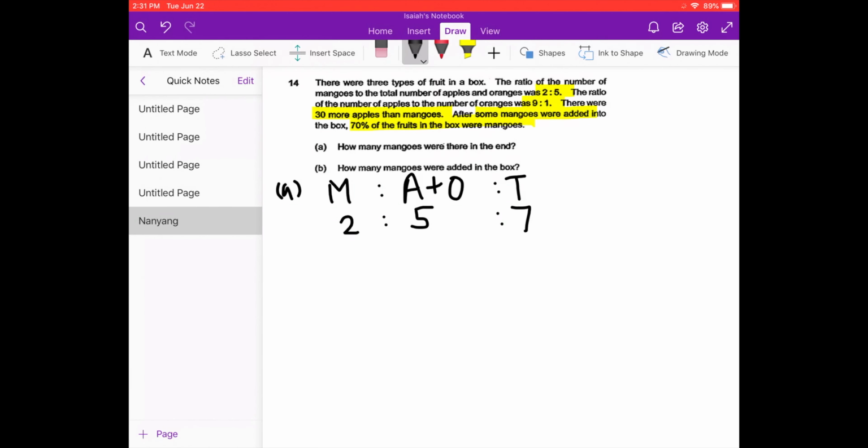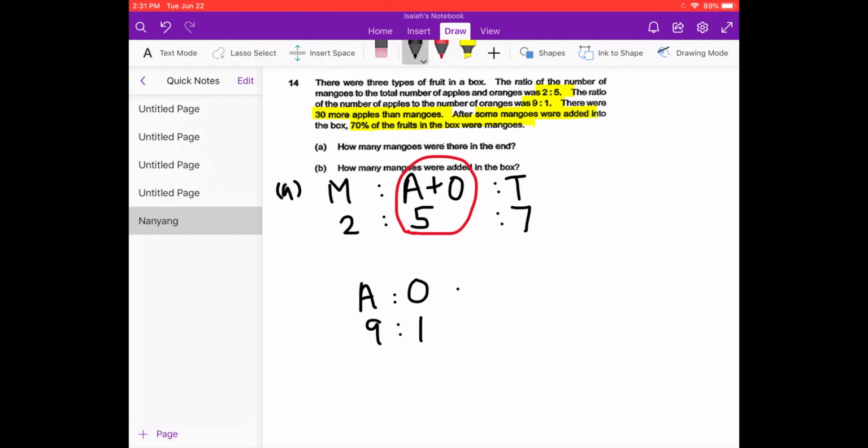Okay, now let's go on to the next part of the information. Number of apples to the number of oranges was 9:1. So we are looking at apples and oranges now, and there is more information on that.